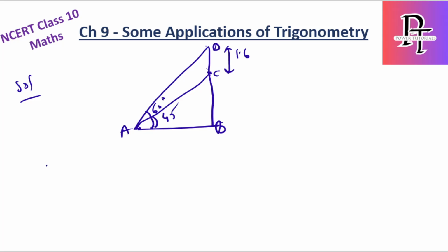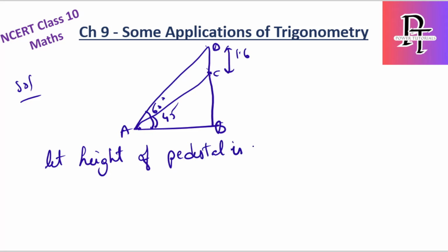So let's write the first statement. The height of the statue is already provided. So let the height of the pedestal be x meters and the distance be y meters. So this is y and this is x.